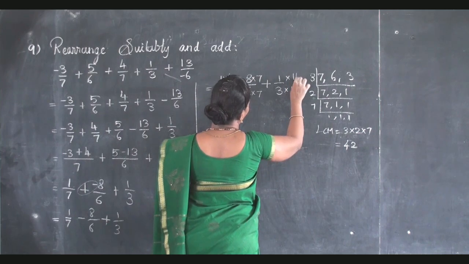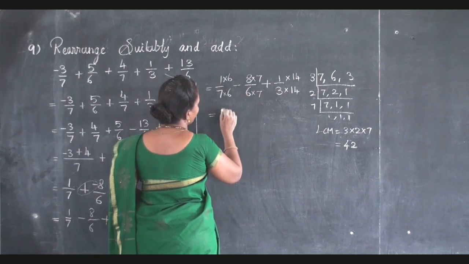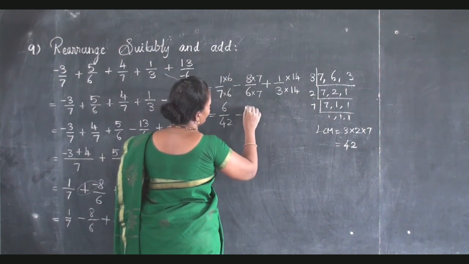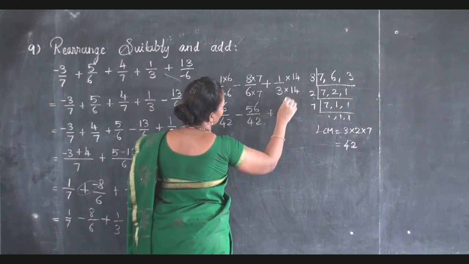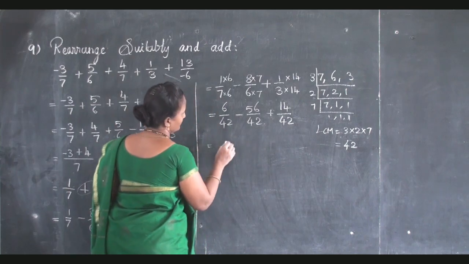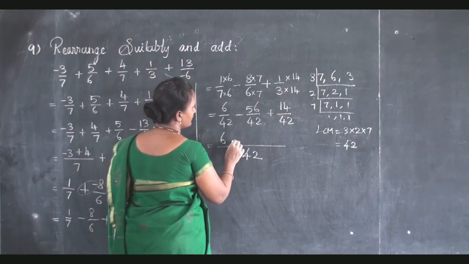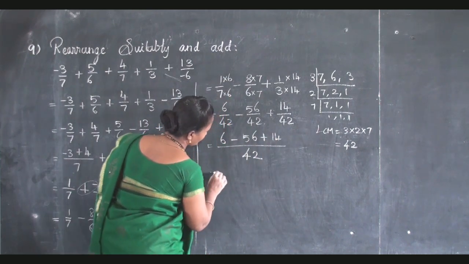Here 14. 1 6 is 6 divided by 42 minus 8 ones are 56 divided by 42 plus 1 14s, so 14 by 42. Now putting common 42: 6 minus 56 plus 14.